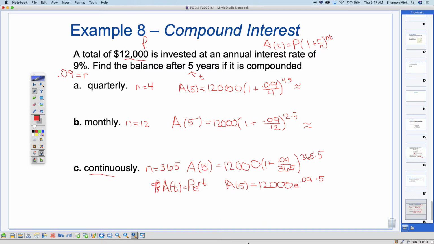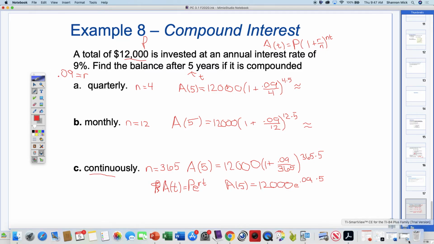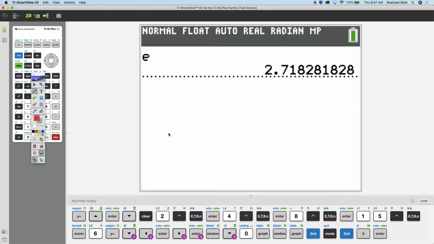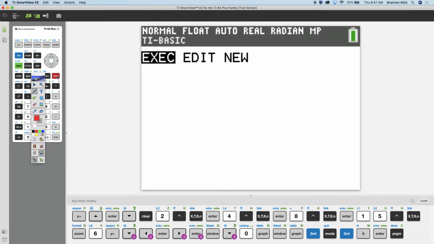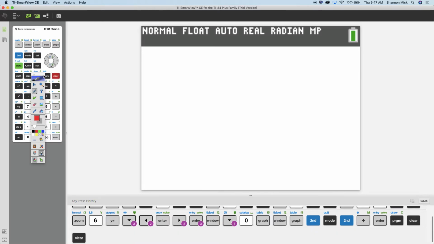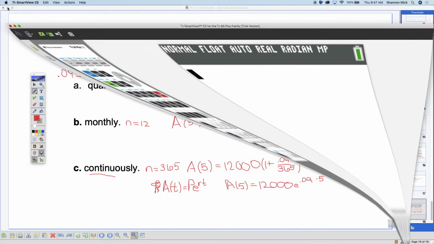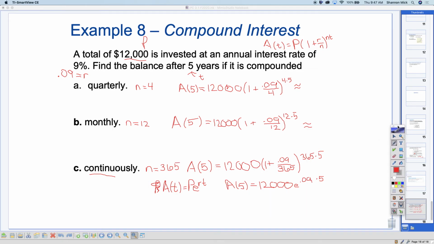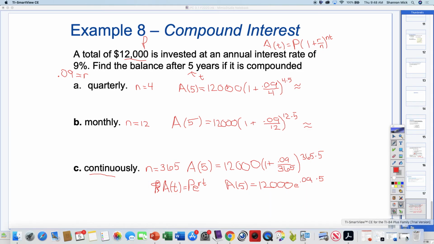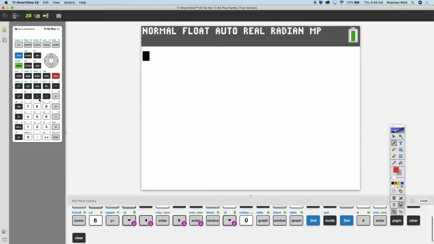Okay, so now we're going to put this all into our calculators. So go to your calculator. I need to shrink this a second and move that over here. Okay, so I'm going to go to my calculator.